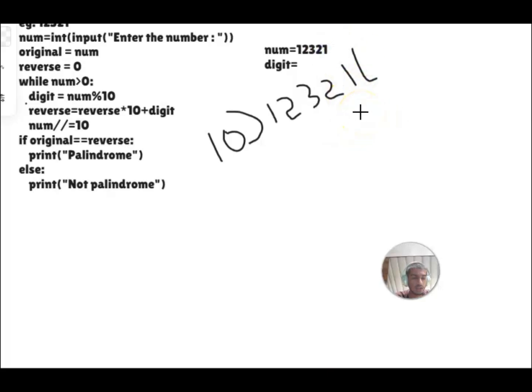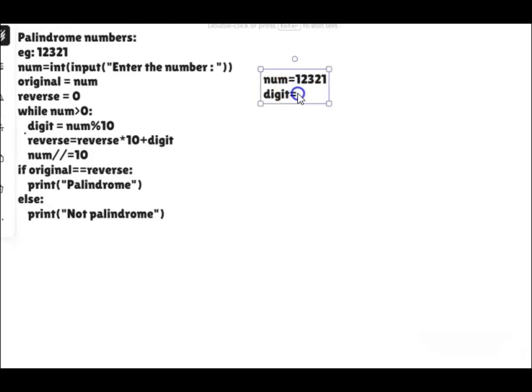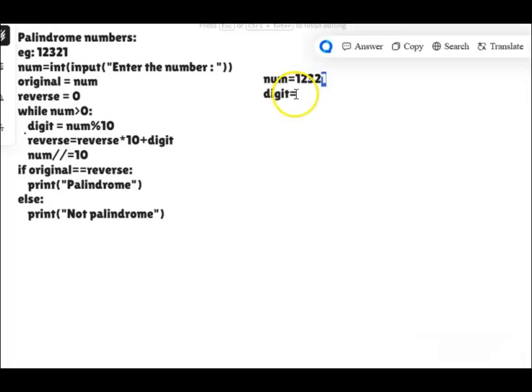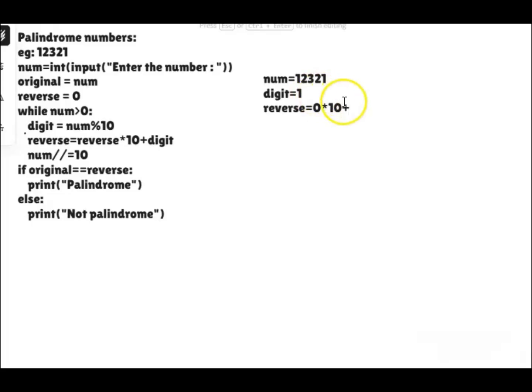So that is 1. So the digit becomes 1 here, and reverse is 0 times 10 plus the digit value, which is 1.